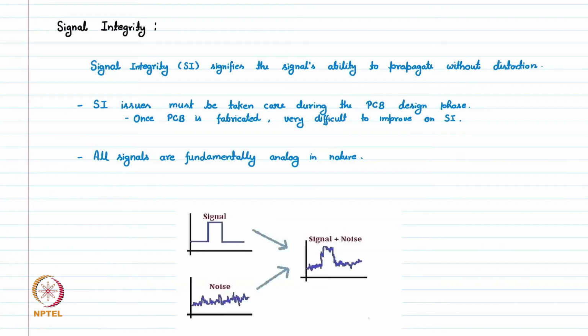In this graph, let's say this is the signal which we apply or which we want to transmit.